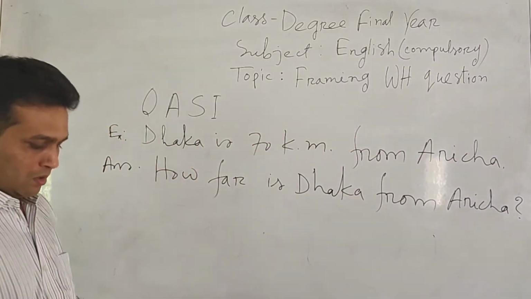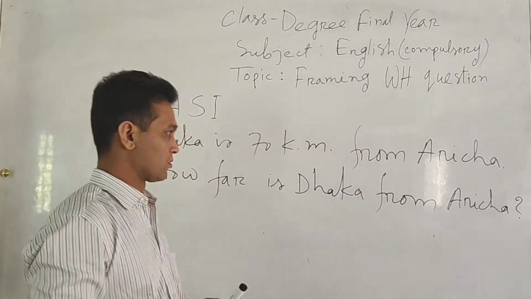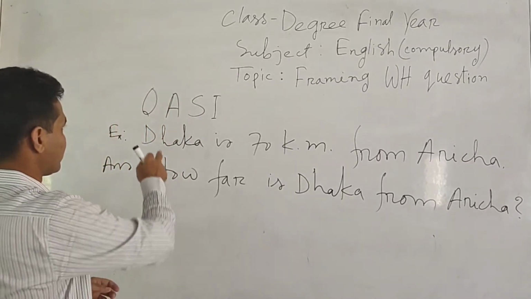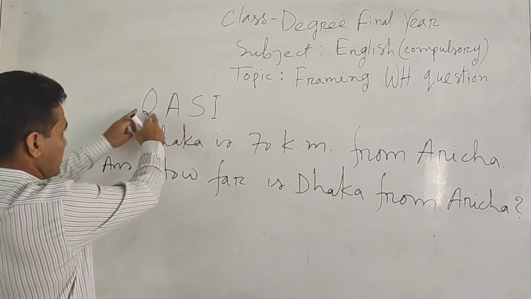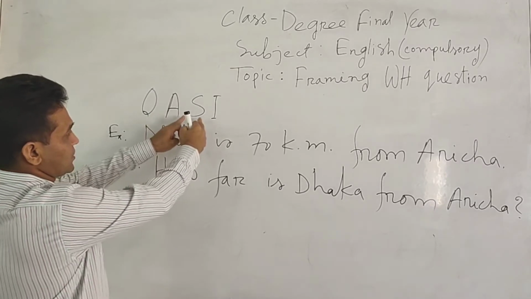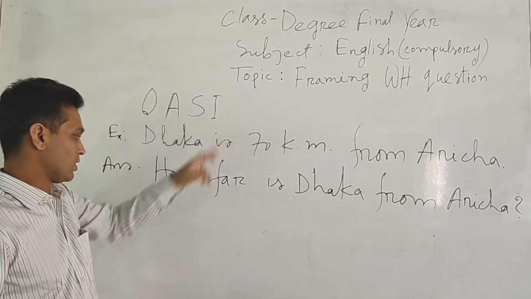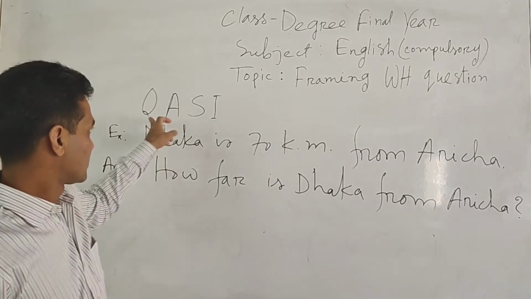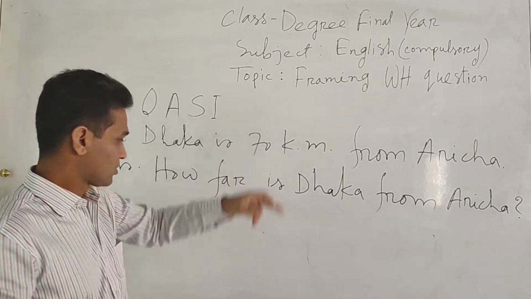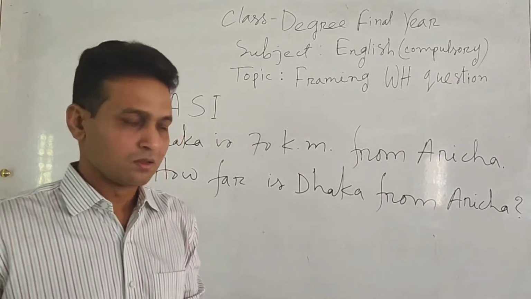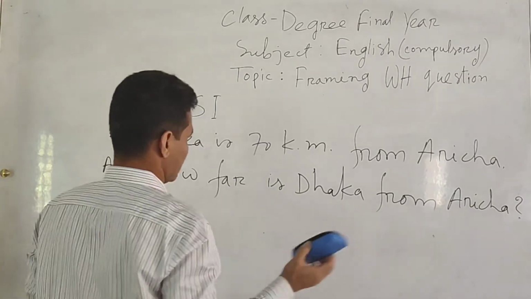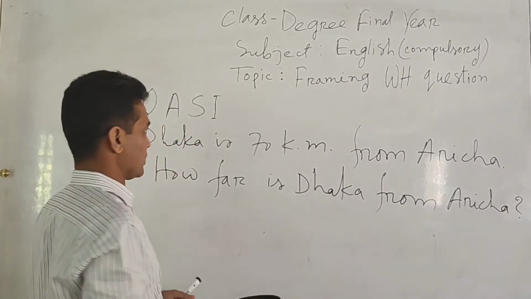So if you notice clearly, Q means question, A means auxiliary, S means subject, and I means infinitive without to. Using this short method, you can form WH question easily.